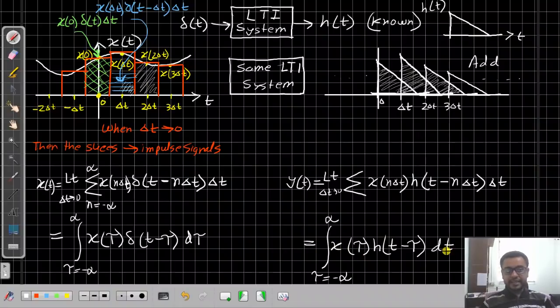This is basically Riemann integration. So what do we see? We see that given arbitrary input x, if we know this function x of t, then we can calculate the output y of t by this integration.